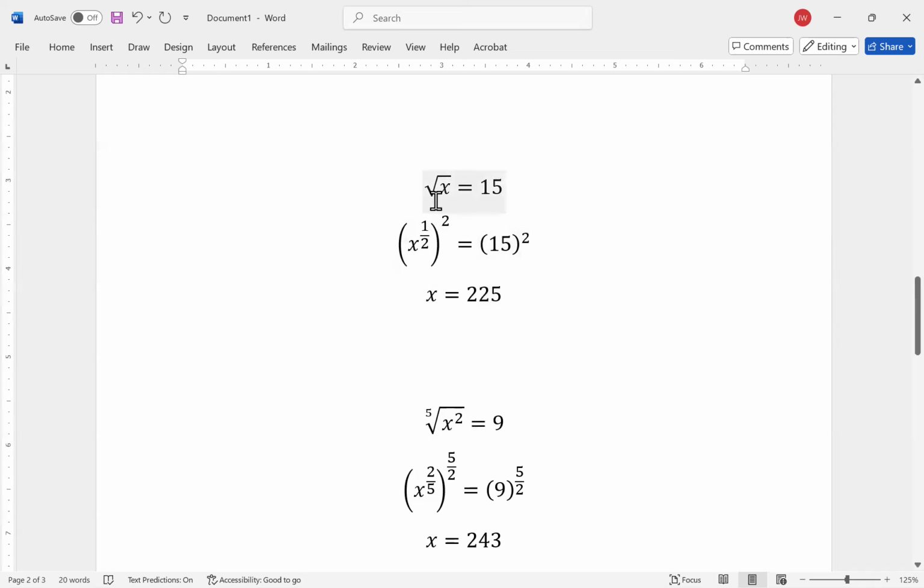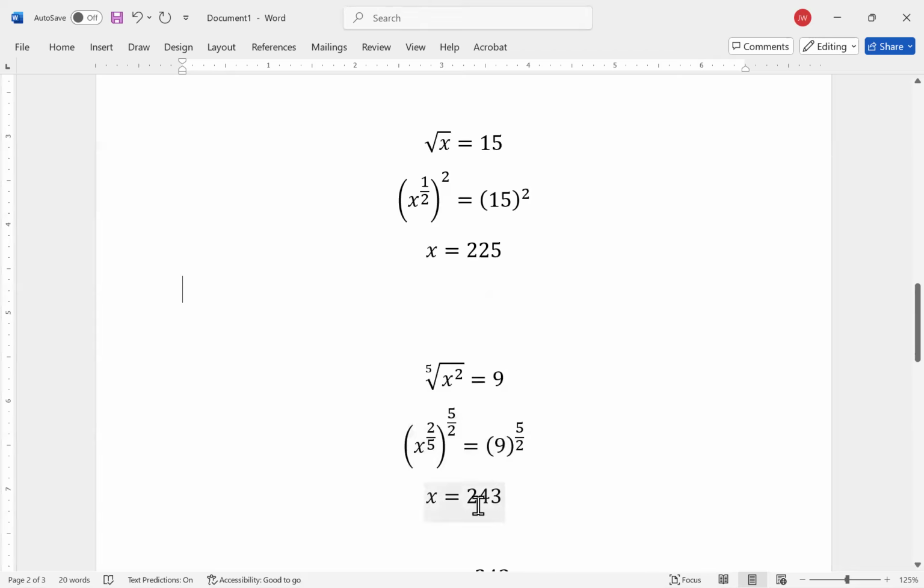If I tried to take the square root of a negative number, I would end up with an imaginary number, so something that does not give you 15. But in the second problem, the positive version and the negative version both worked. And again, depending on the problem and the homework, it may only ask for the positive version, or it may ask for both the negative and positive versions.